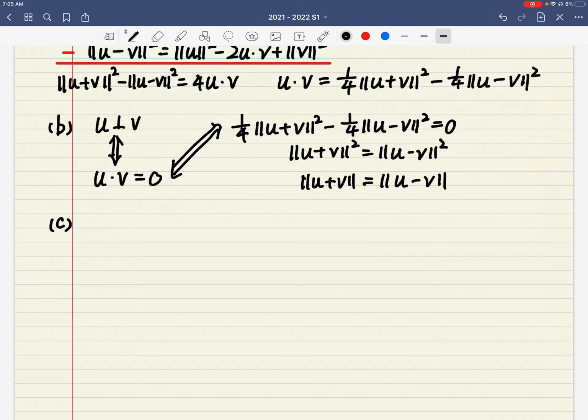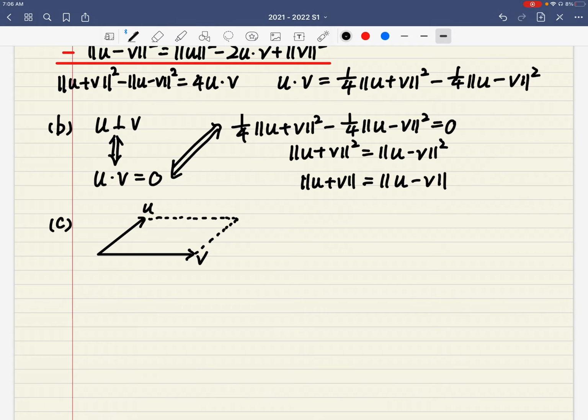Part C, explain the geometric meaning of this result. First you need to realize that U and V always generate a parallelogram.